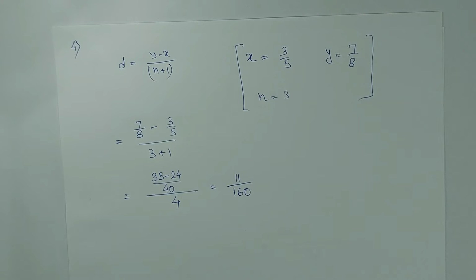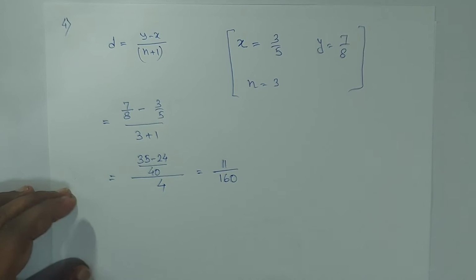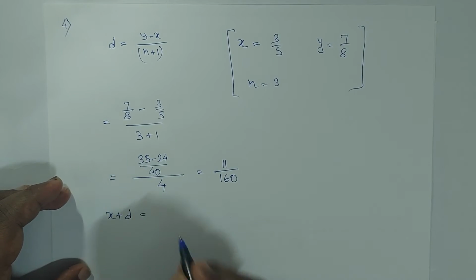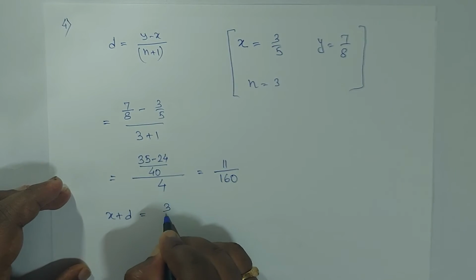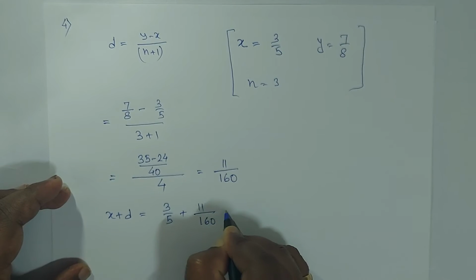Now we want 3 rational numbers. The first will be x plus D, that is 3/5 plus 11 by 160.